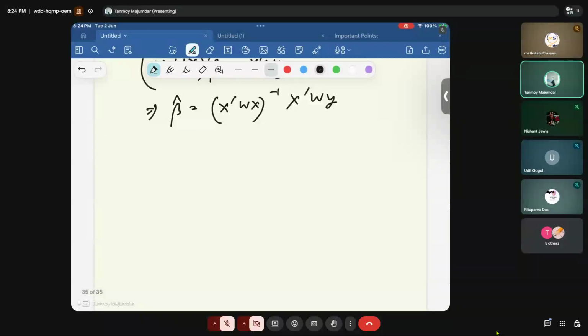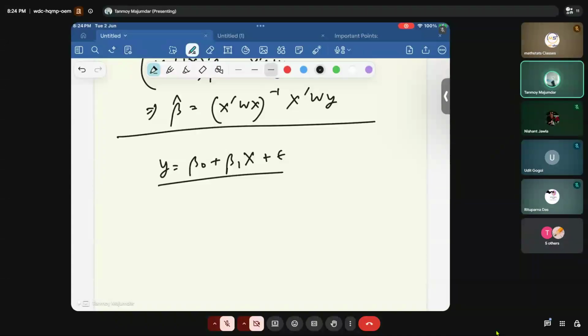So basically here we are using the MLR, multiple linear regression. If you want to consider it in a simple linear regression model, what is the simple linear regression model? Y equals beta naught plus beta 1 x plus epsilon. That is our simple linear regression model.